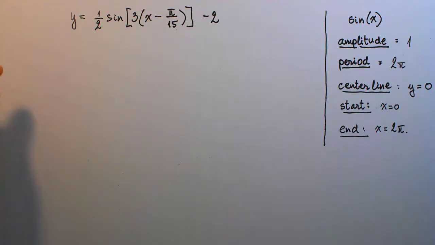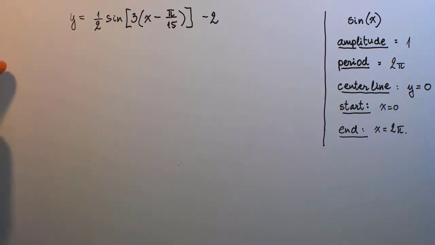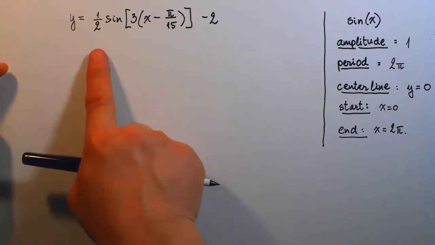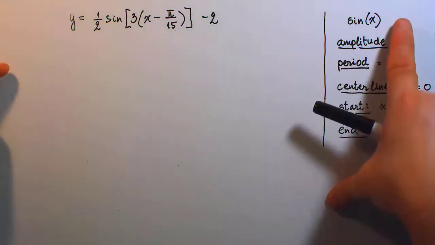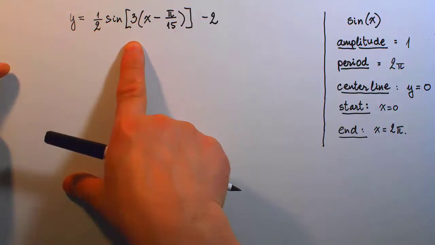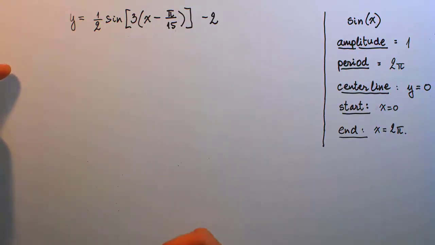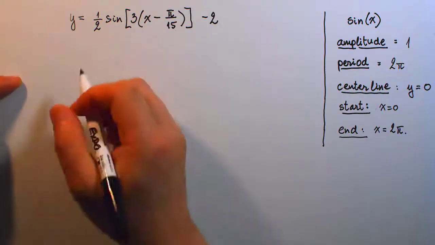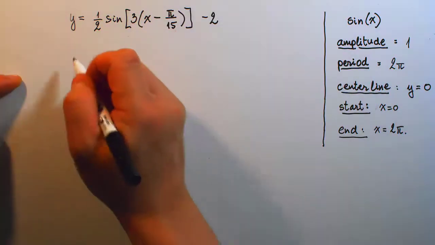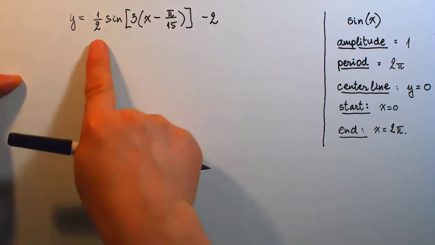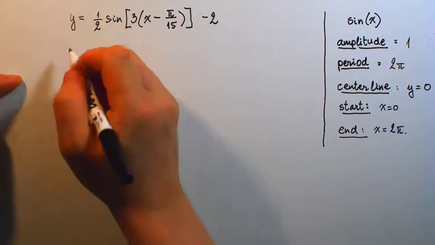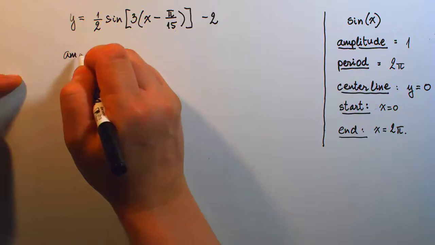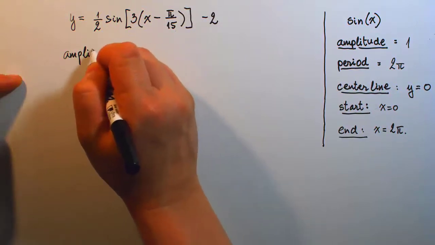Now, after having an overview of all the changes from the original sine of x that can be expected in this function, we are ready to make the final list of all the changes. Remember we expected this value to cause some amplitude change.